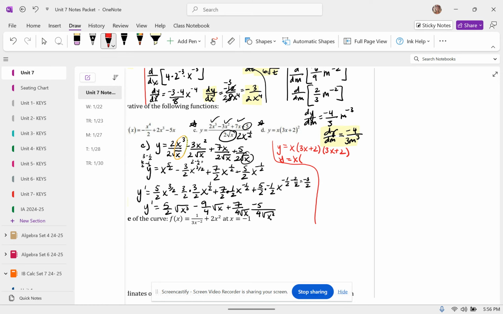So again, 9x squared plus 6x plus 6x plus 4. Notice how I'm still y equals, so now I've got 9x squared plus 12x plus 4. Now I have 9x cubed plus 12x squared plus 4x, and now I take the derivative.